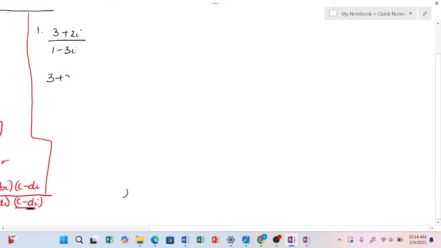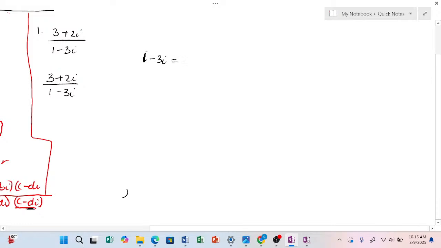Now, (3 plus 2i) over (1 minus 3i). So far as the denominator has an i in it, it means we have a radical sign as a denominator, and so we need to rationalize it. So we look for the conjugate. We have 1 minus 3i.